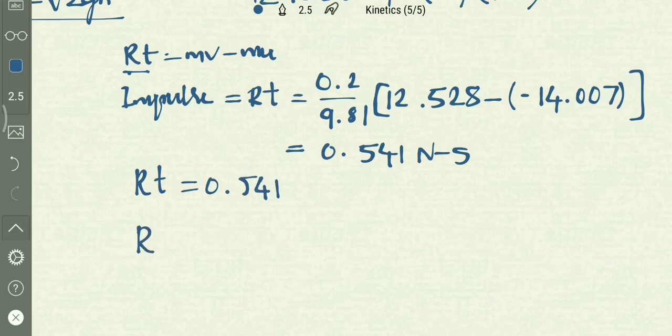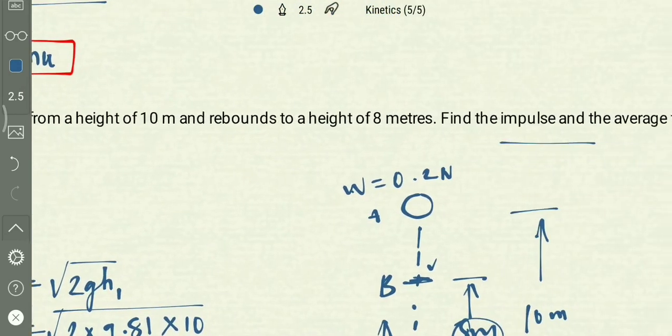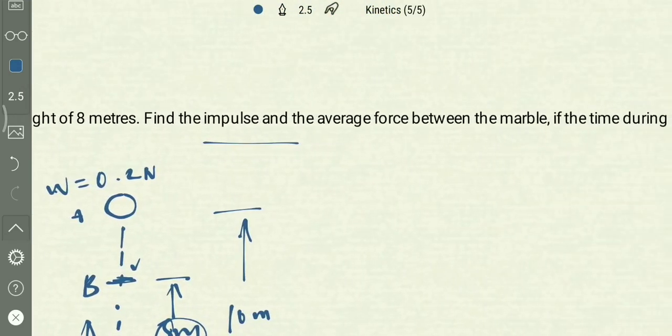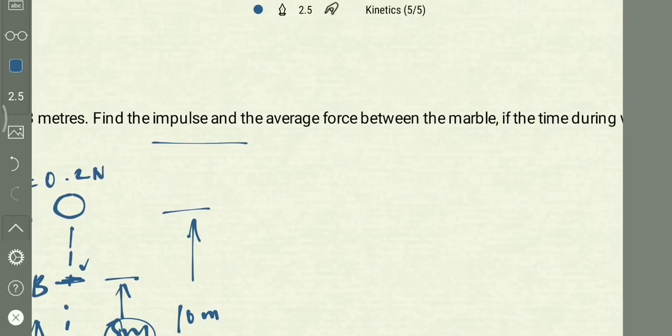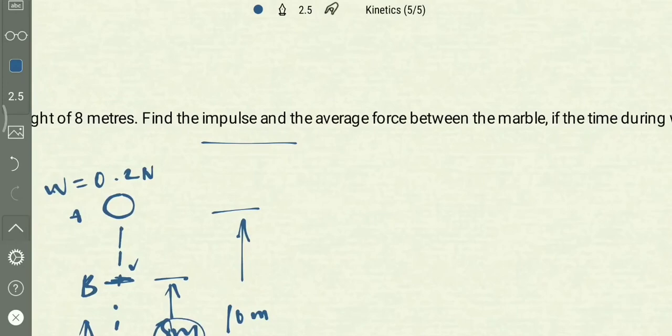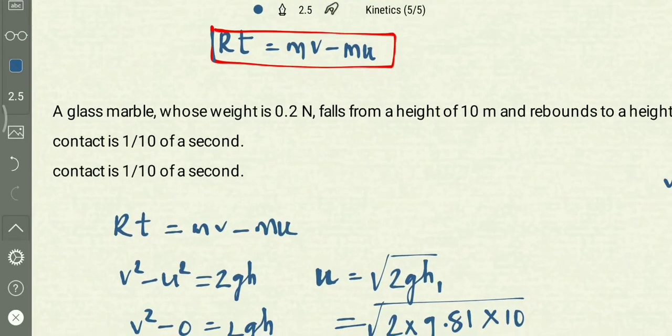It is also asked to find the force, which is equal to 0.541 divided by t. The time is given: find the impulse and average force between the marble if the time during contact is 1/10th of a second.